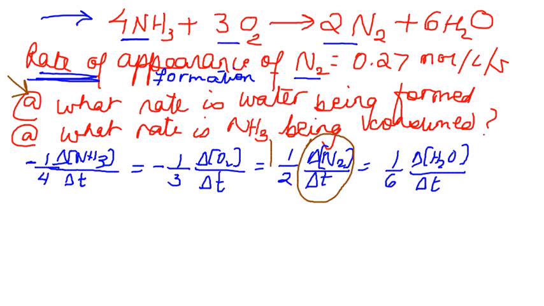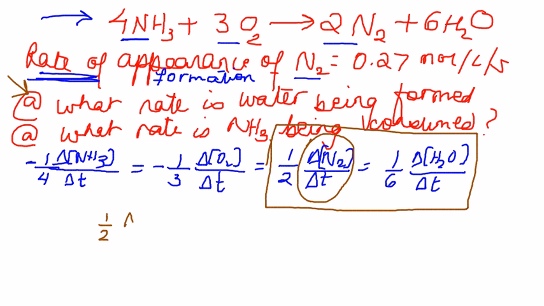So essentially you have to take a look at this part of the segment, and you would say that 1 over 2 delta N2 over delta T times 6 is going to be equal to the speed or the rate at which the water is going to get generated.